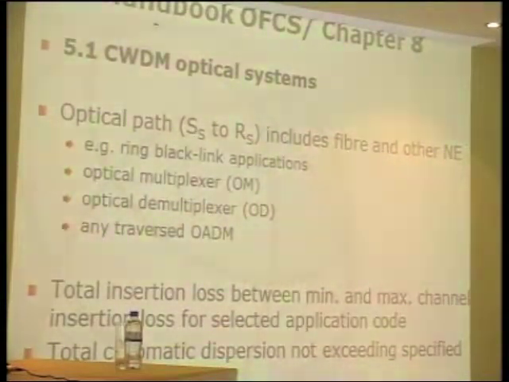So, the optical path, which is defined between the interfaces S sub S and R sub S, includes any fiber and all the other network elements which are in the link.